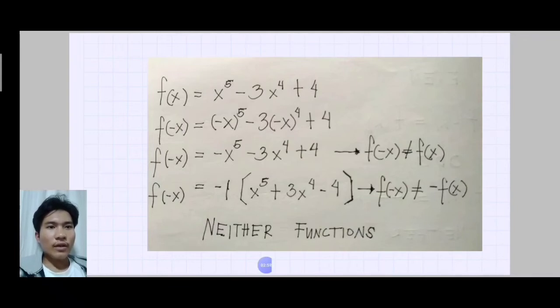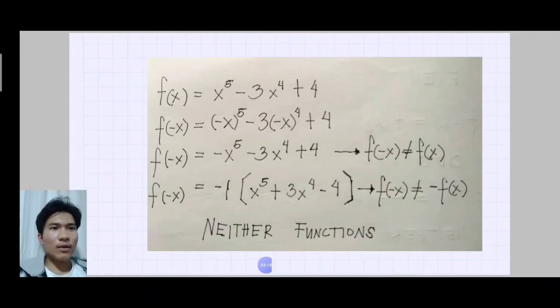We know the 4 is even, so it is positive x to the power of 4 plus 4. So f of negative x is not equal to f of x.